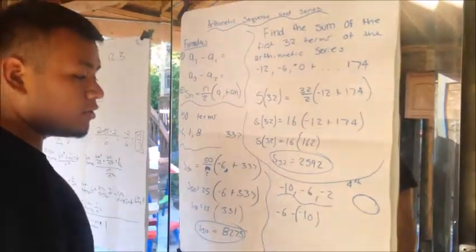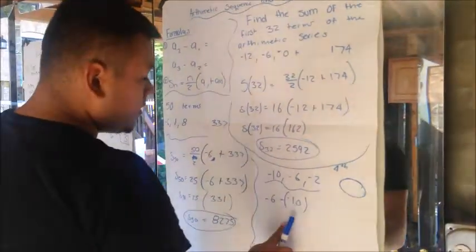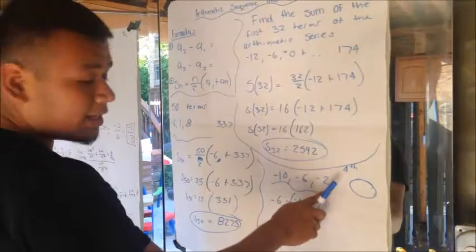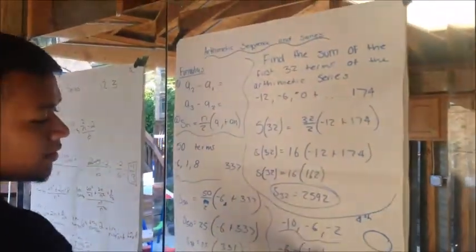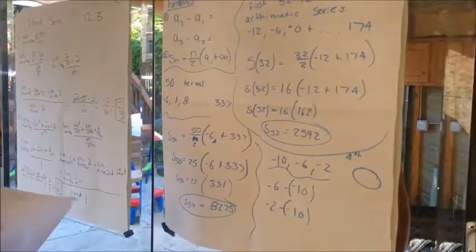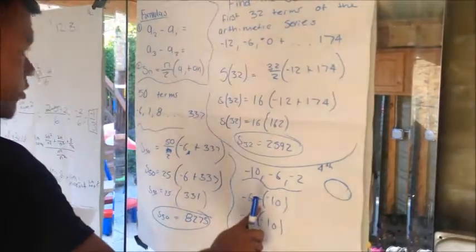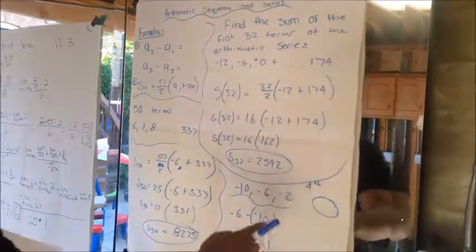Doesn't matter how you guys do it, just make sure it's a negative. Then, A3, which is -2, minus A2 again, which is -6. Hold on. A2. Gotta check my work, guys.